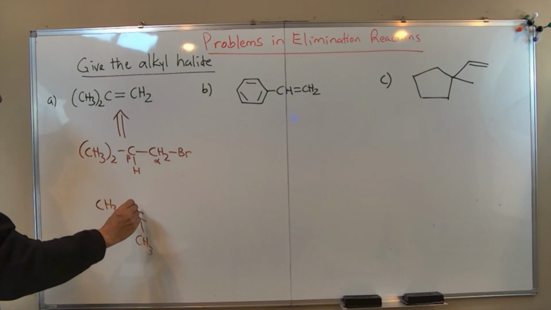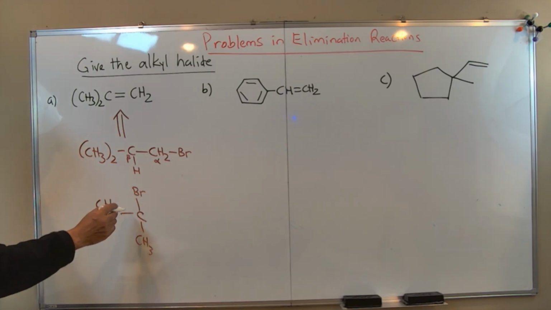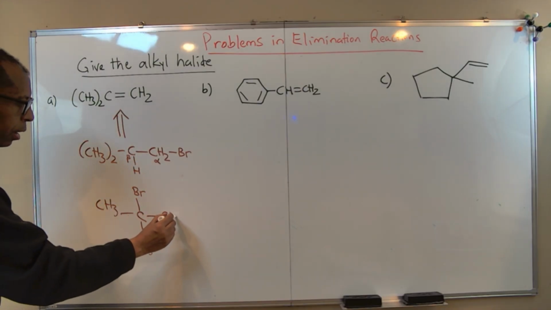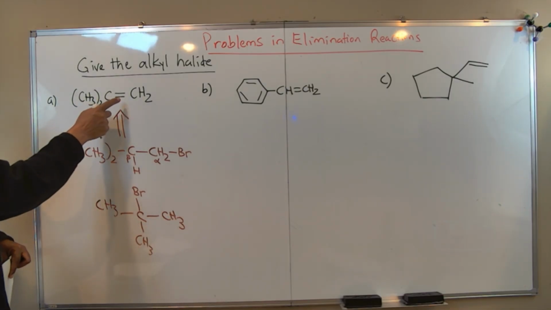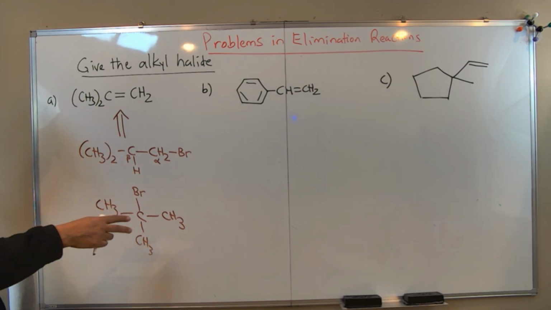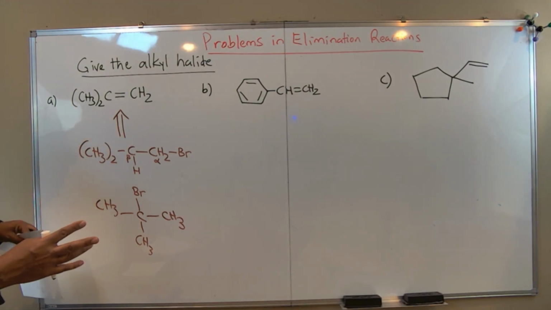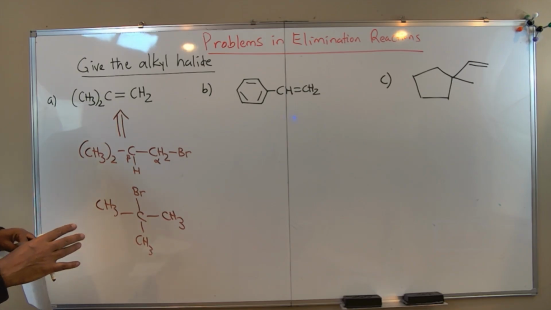And if I have here Br instead of hydrogen on that position, on this position, and put this CH3 here, this also could give this. But the problem is it could have different other compounds. So let's see what other possibilities are there, or is this the only product we can get?